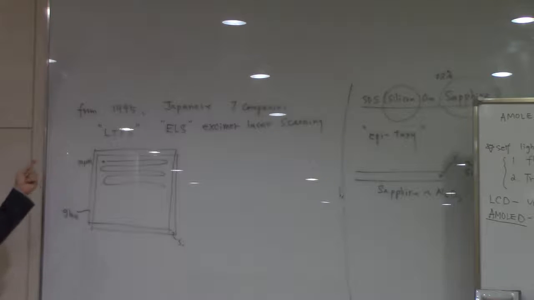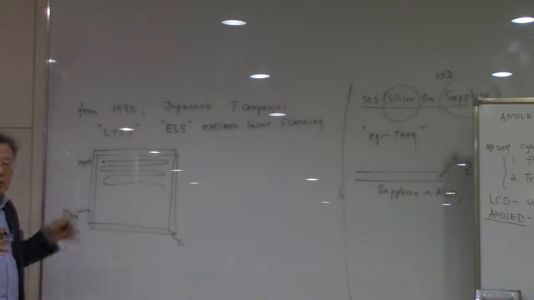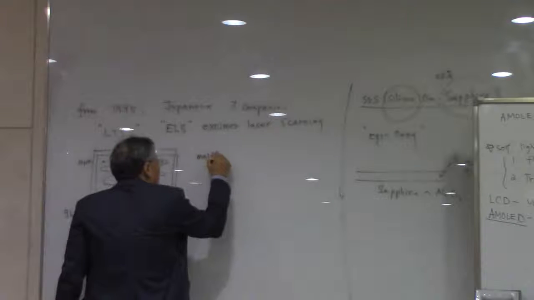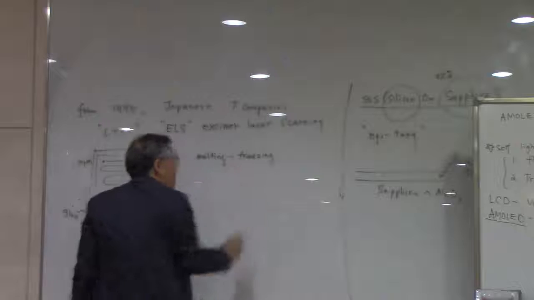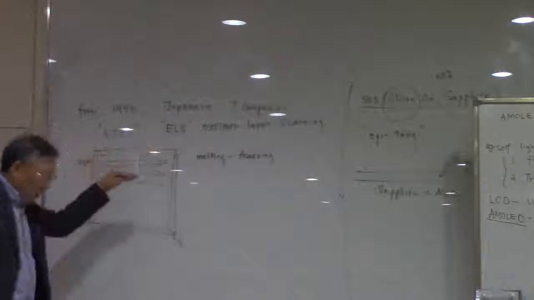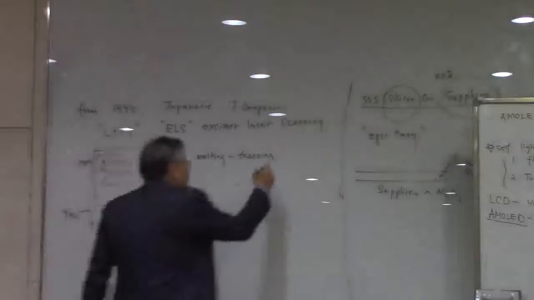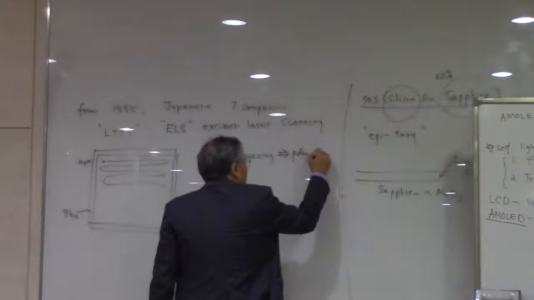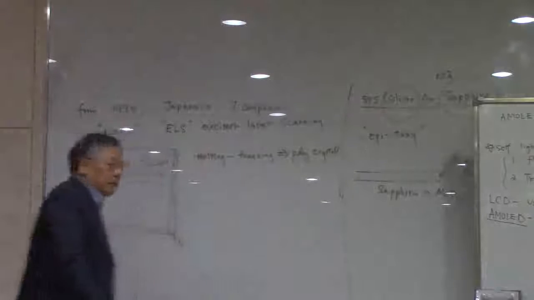And then when it moves to the next site by scanning, then this is going to be frozen. So melting and freezing is going to happen along the scan directions, and then we can have a polycrystal of silicon. Okay?